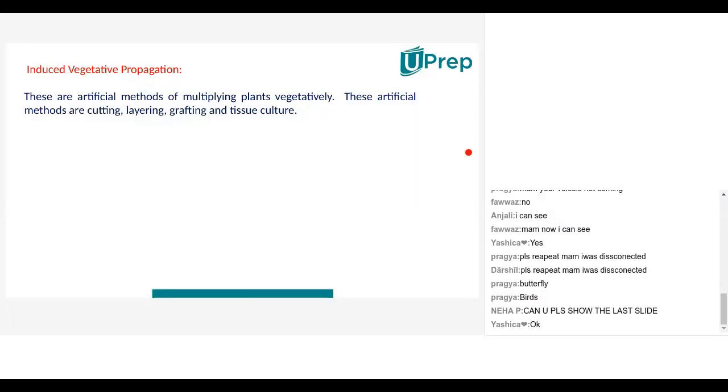Now, one thing that I was saying, that nowadays, science has evolved so much that scientists, botanists, biologists, they do everything in the lab, science labs. So what are they doing? They are applying these methods called cutting, layering, grafting, and tissue culture. They're doing it in the lab to get new plants, new varieties.